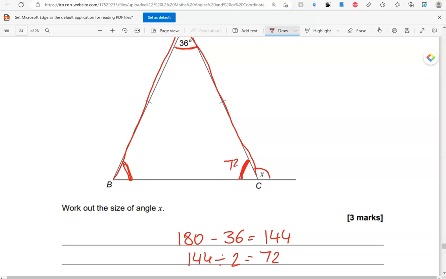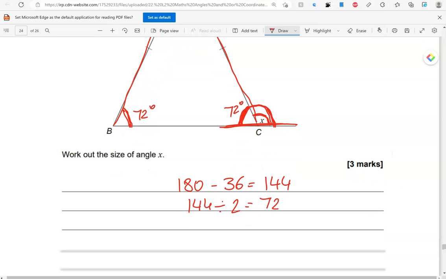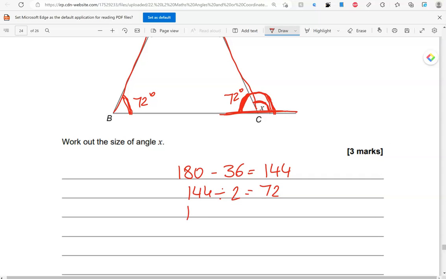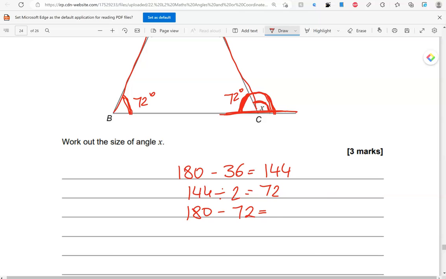So this is 72 degrees and this is 72. Now 72 and angle X combined are angles on a straight line. So that's half a circle, which is 180 degrees. So 180 take away 72 should give us angle X, which is 108.